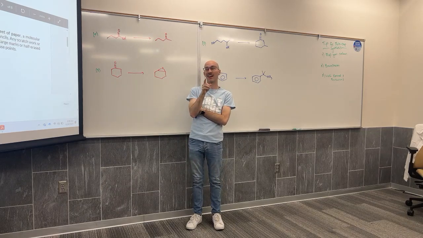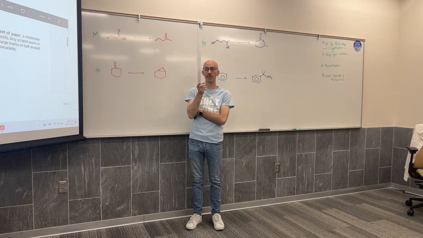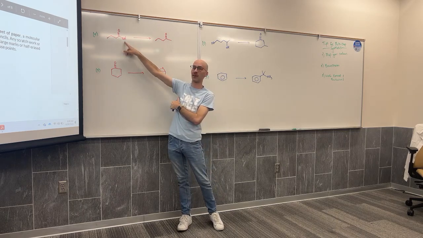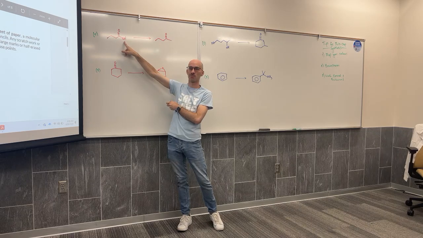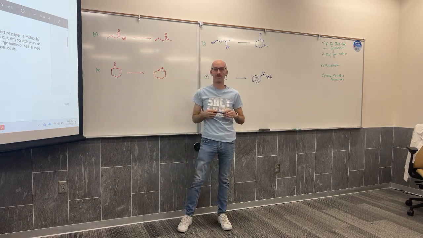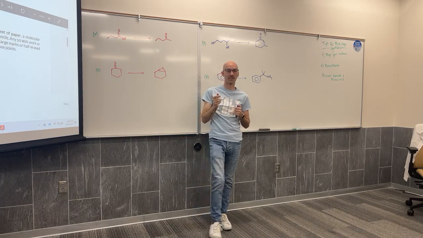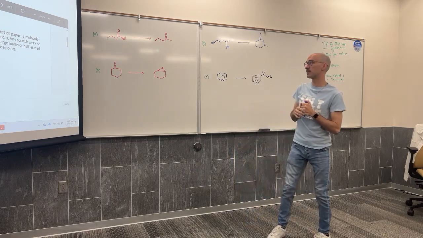Okay, it does not remove an alcohol. It removes an OH, but that OH is not an alcohol. What functional group is this? Carboxylic acid. Very important to be able to recognize what functional group it is.